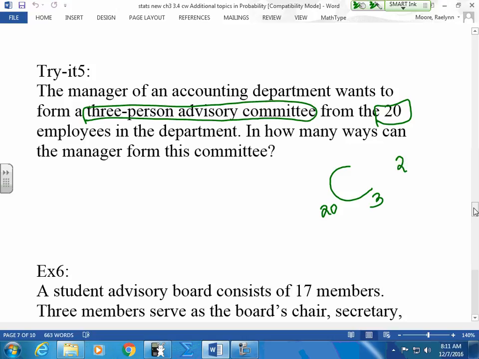So it would say 20 times 19 times 18 over 3 times 2 times 1. Back in my day, when we didn't have calculators, we had to take a 6 out of here, and we had to multiply all these things. But you guys have calculators. It's not so bad for you.